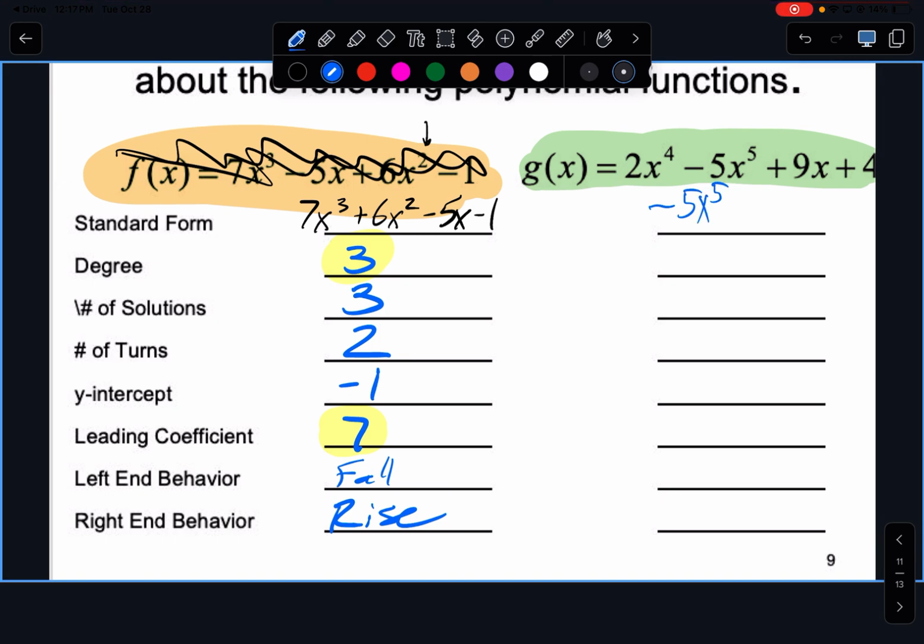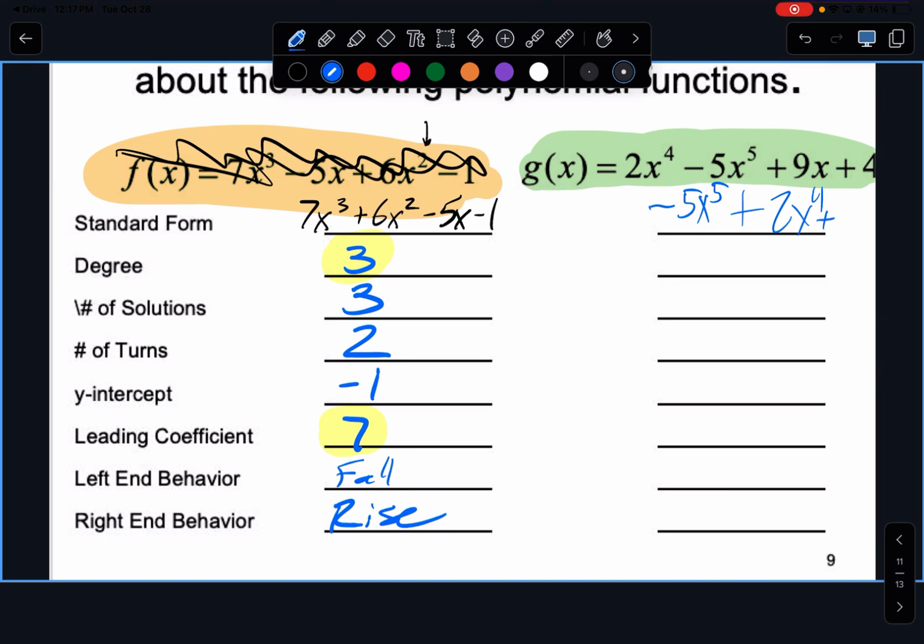First term is negative 5x to the 5th. Passes it to Kier. Two x to the 4th. Good. On to Cameron.